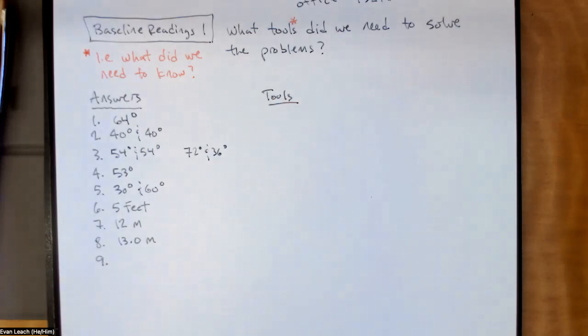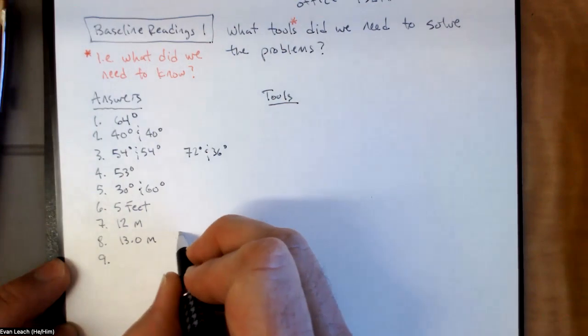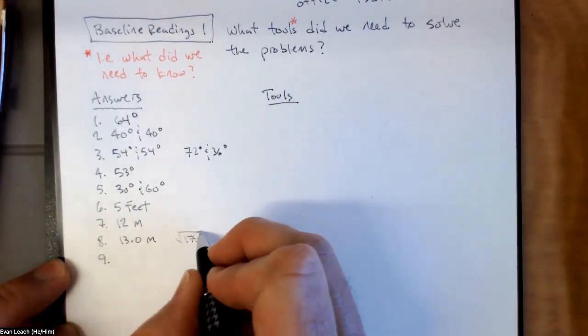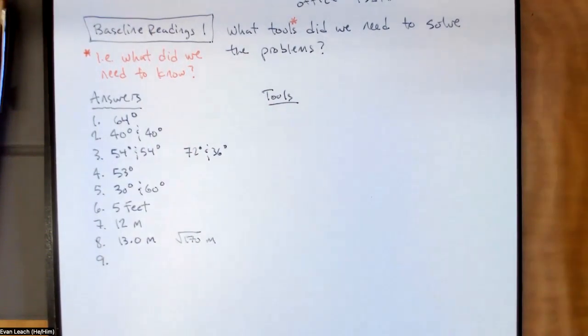So when you have the 13.0 or the 13.03 or 13.04, I'm thinking about where that came from. Those are all approximations of the weird number. I should be showing what I'm writing. Square root of 170. This is not how we like to write numbers, but that would be what we call the exact value.